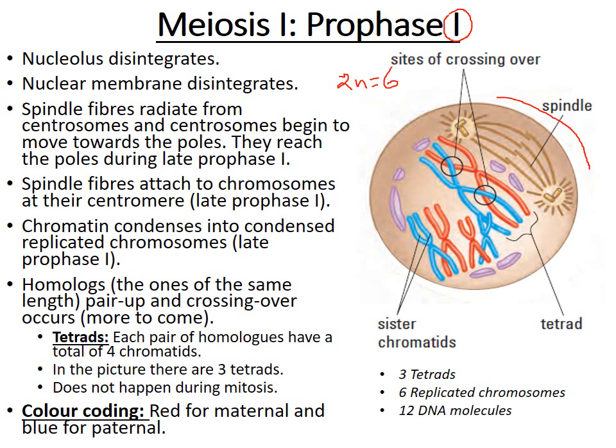In mitosis, the chromosomes didn't really pair up. You'll notice in meiosis, though, the homologous chromosomes pair up with each other. They connect to each other. So all these homologous ones, the 2 long ones connected to each other, the 2 short ones and the 2 medium ones, they all connected with each other. When the homologous chromosomes are paired up, we call that a tetrad.